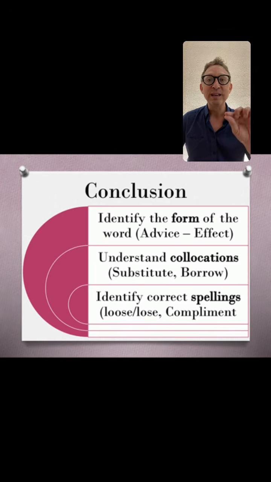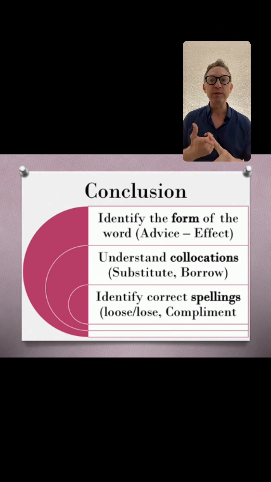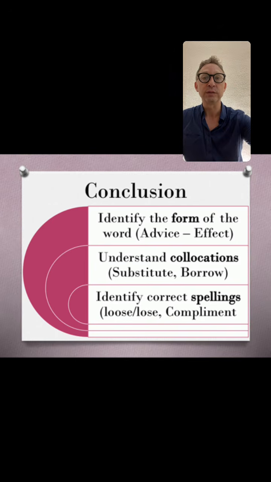One letter makes a big difference. All right, the form of the word, verb or noun or adjective, the collocation, what comes before or after it, and the spelling. These are clues to helping you understand or distinguish between closely paired words.